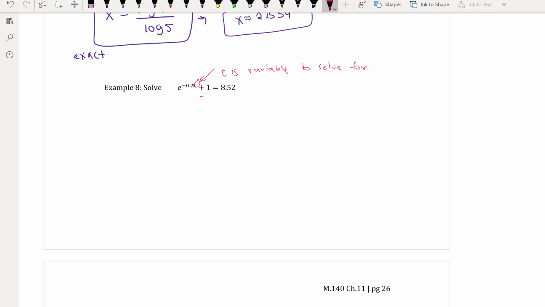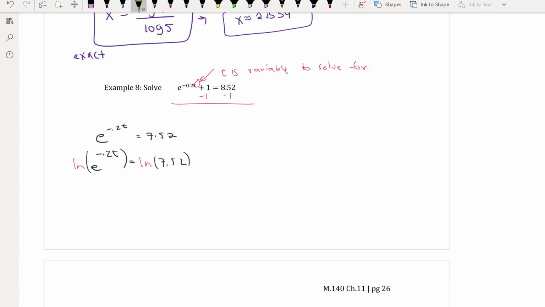So I'm going to subtract 1 from both sides. So I can have e to the negative 0.2t is equal to 7.52. From here, the only way to get rid of e is if I were to ln both sides. So ln the e to the negative 0.2t equal to the ln of that 7.52.